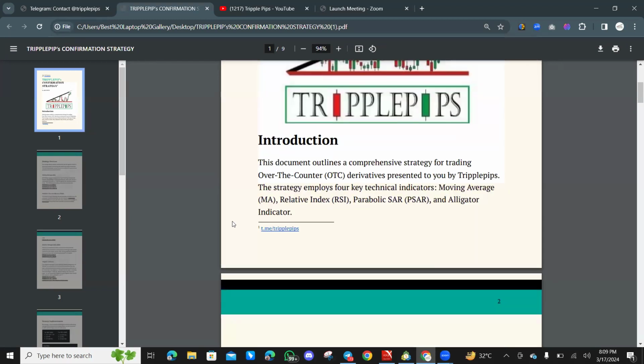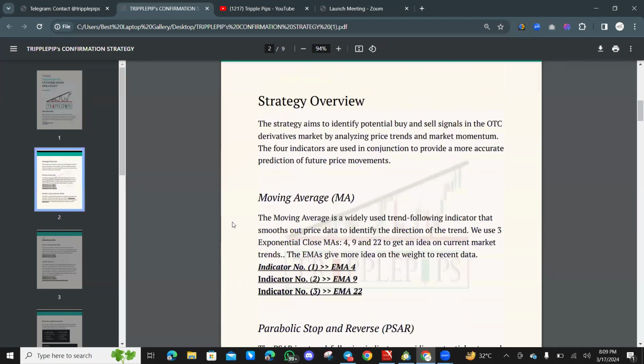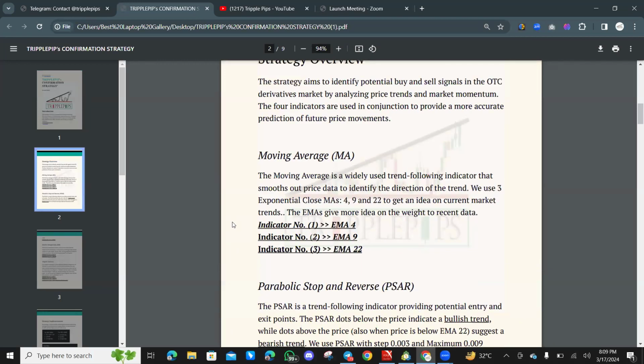Now, this strategy consists of four technical indicators: moving average, relative strength index RSI, parabolic SAR, and alligator indicator. We are using three moving averages, which we have named indicator 1, 2, 3.